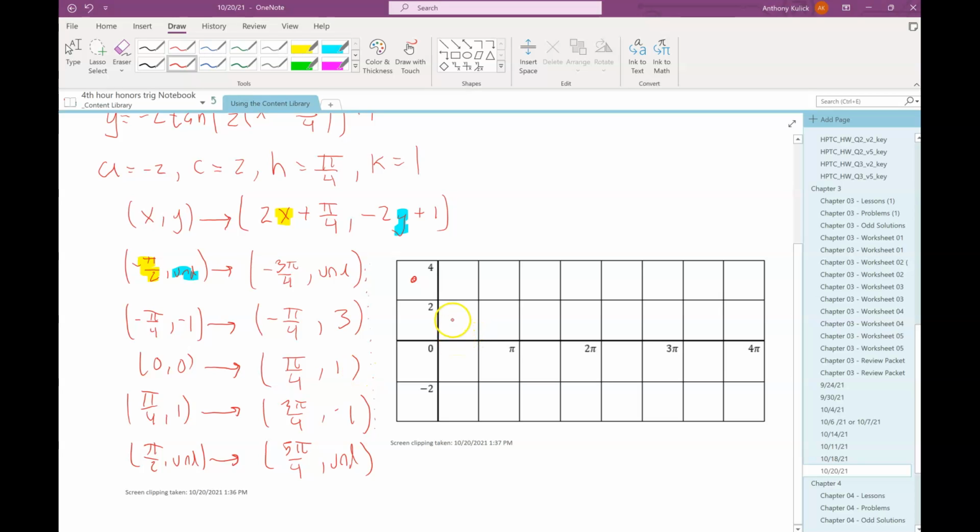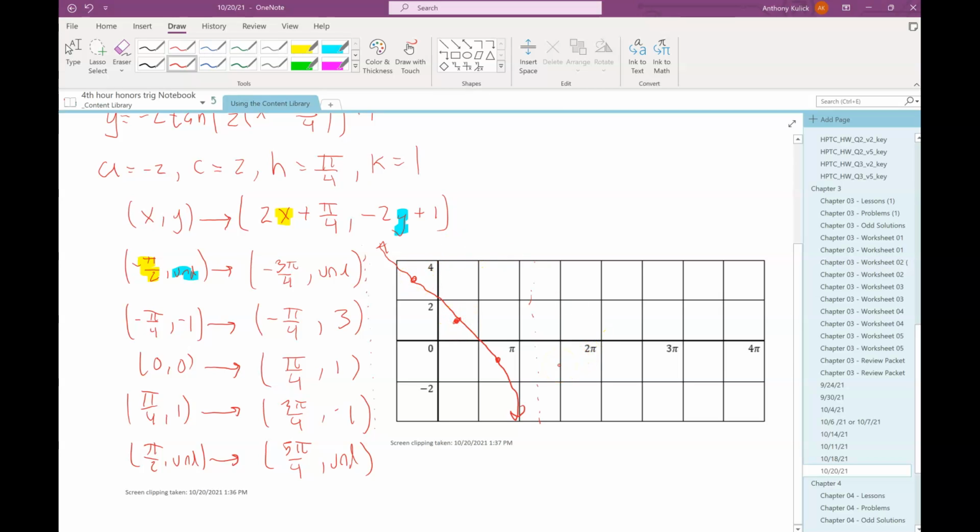Pi over 4 and 1 would be like here. And 3 pi over 4 and negative 1 is there. And then 5 pi over 4 is my asymptote there. So there's my graph.